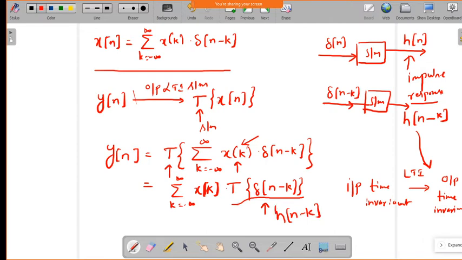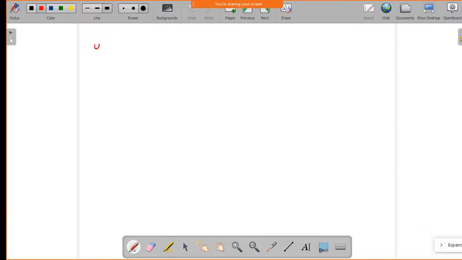Okay, so if I replace the response of the system with respect to the time shifted impulse, it will become h of n minus k. So now your output of the system, which is y of n, will be equal to summation k equal to minus infinity to plus infinity x of k into h of n minus k.